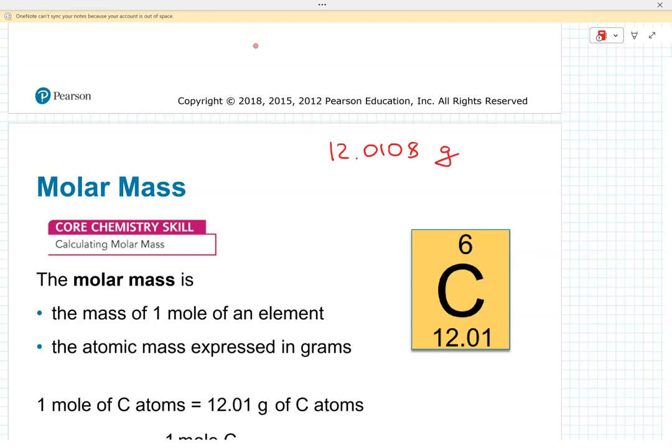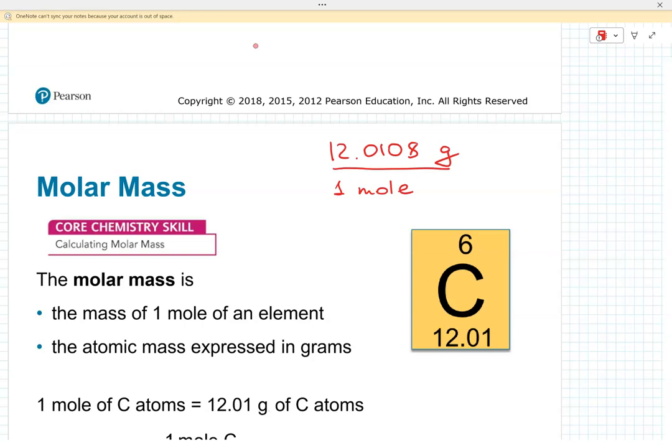And this is a mass of 1 mole. This is basically a definition of molar mass.